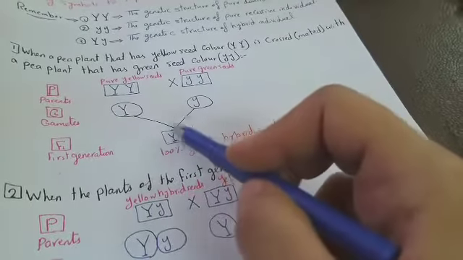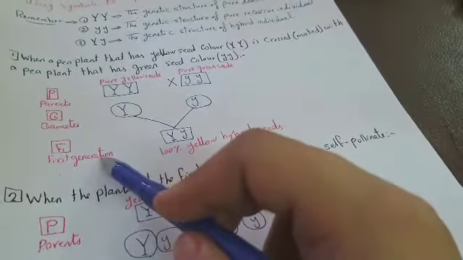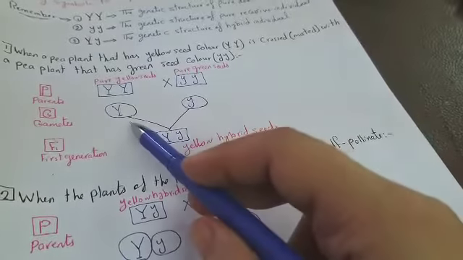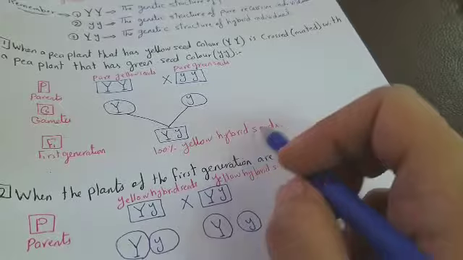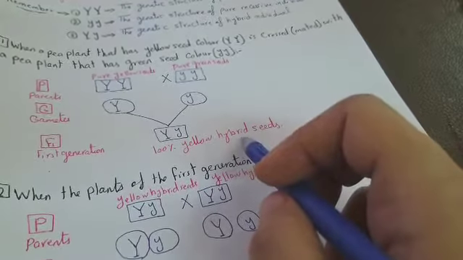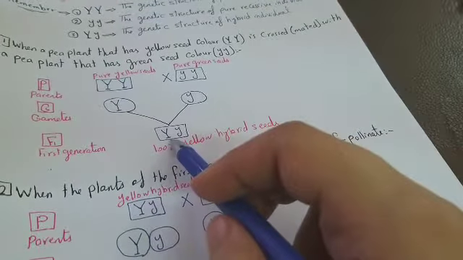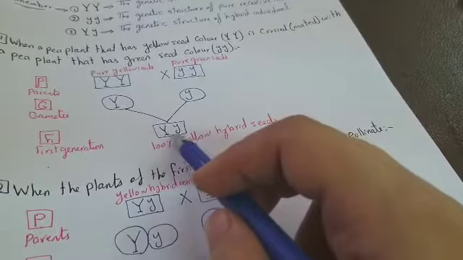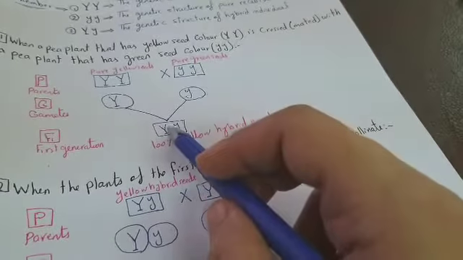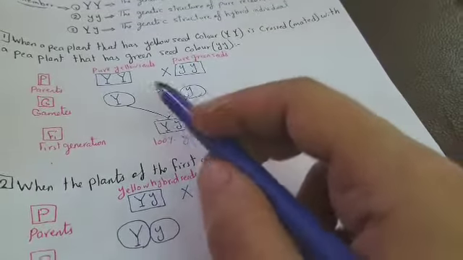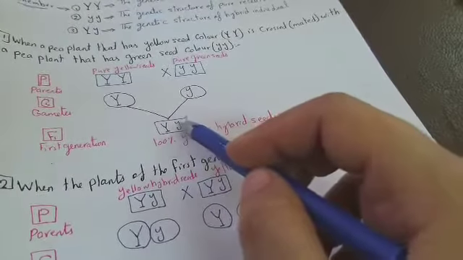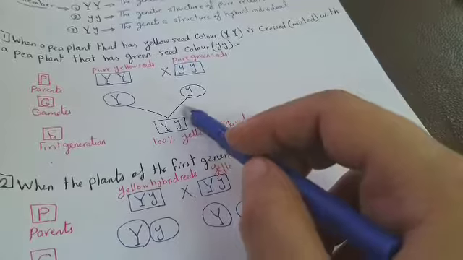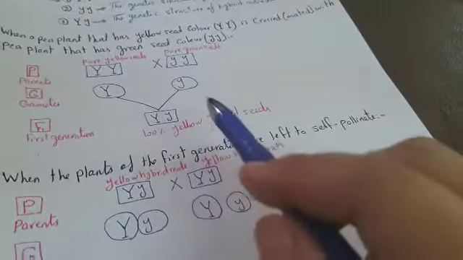They finally form the first generation of offspring. It will be Y capital, Y small, 100% yellow hybrid seeds. Why is it hybrid? Because we have two genes different from each other. One of them is Y capital, which comes from the pollen grain of the father, and the other one, Y small, comes from the gene of the mother, from the ovum.